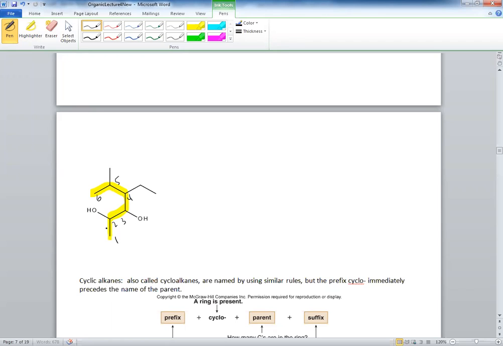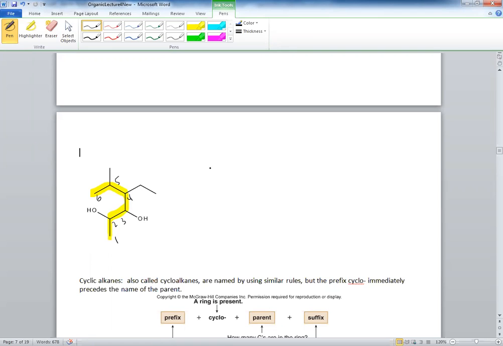Some students may say, okay, let's start counting from this carbon. Well, what are we going to do with that carbon? So you have to combine both: the longest chain that includes the OH, the hydroxy groups. I circled that because that would give me more substituents rather than just going this way.